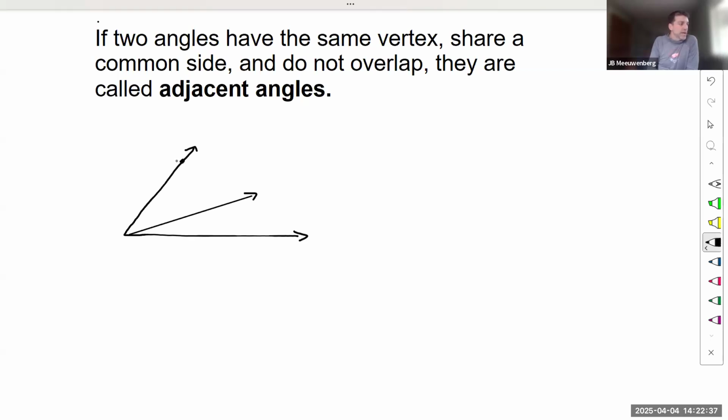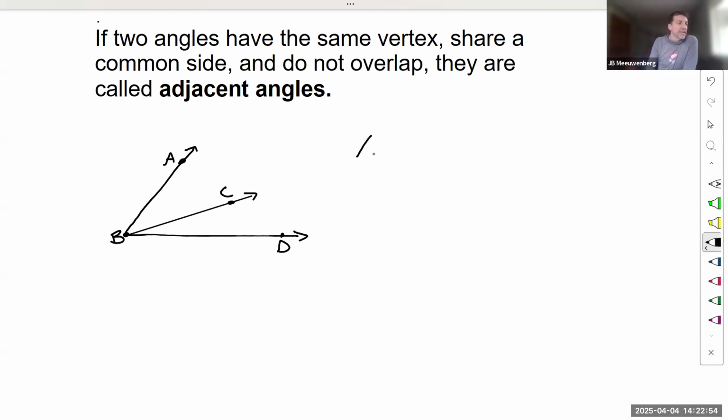We will say we have A and B and C and D. This is a case where we can't just say angle B because we have two different angles that use that vertex.